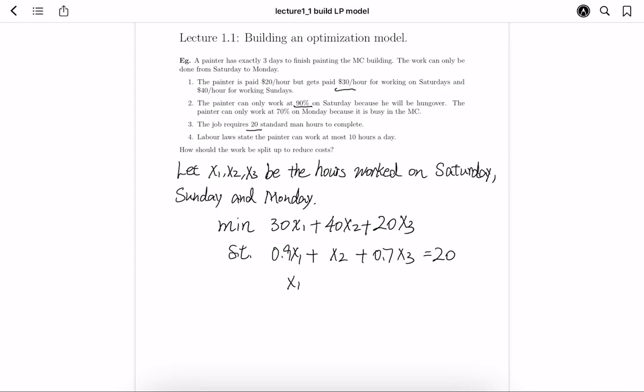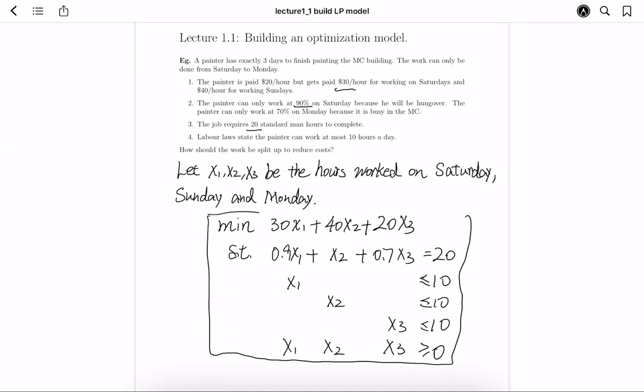Since the painter can work at most 10 hours a day, we also require x1 to be less than or equal to 10. Similarly, x2 and x3 are also less than or equal to 10. Although we didn't mention it here, the number of hours has to be non-negative, and therefore we also ask x1, x2, and x3 to be non-negative.